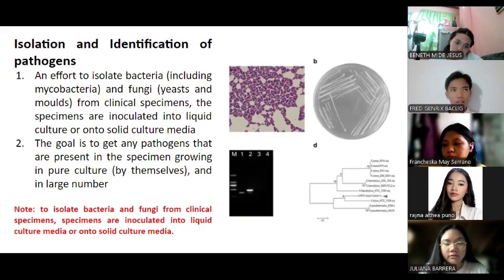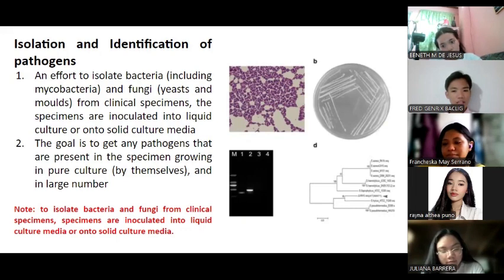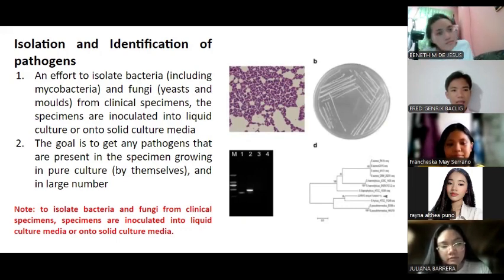An example is when a patient sample such as blood, urine, or sputum is taken, and it contains a mixture of different microorganisms, including normal flora and potential pathogens. So isolating them means the microorganism causing the infection can be studied without interference from other microbes.